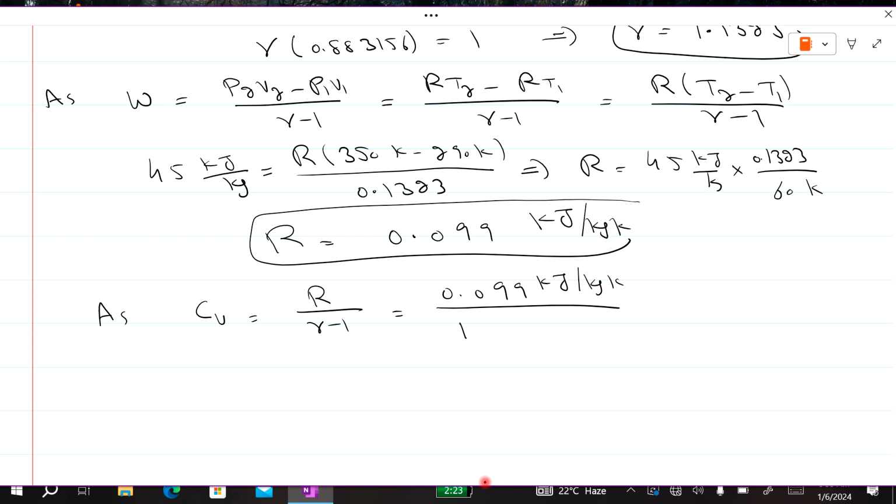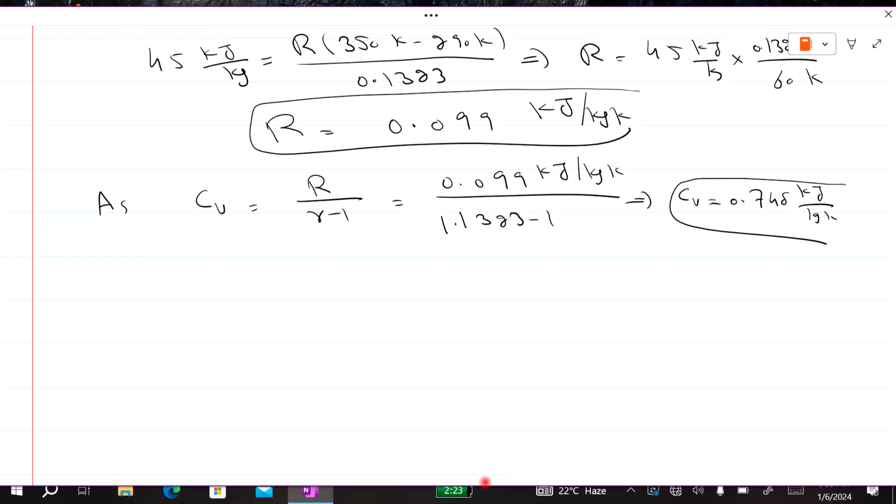Gamma is equal to 1.1323 minus 1. This is a simple calculation. So CV is equal to 0.748 kilojoule per kilogram per Kelvin.